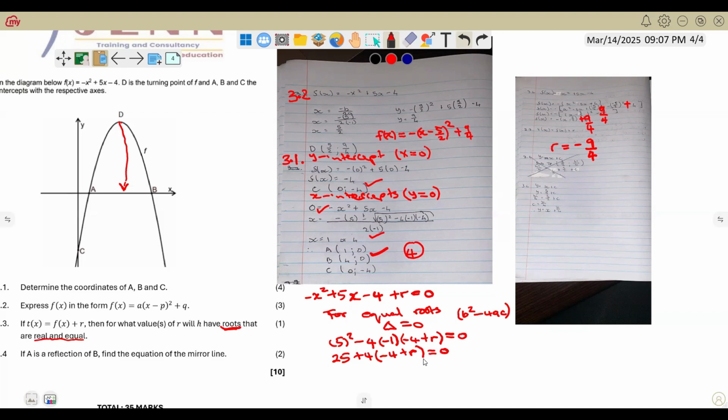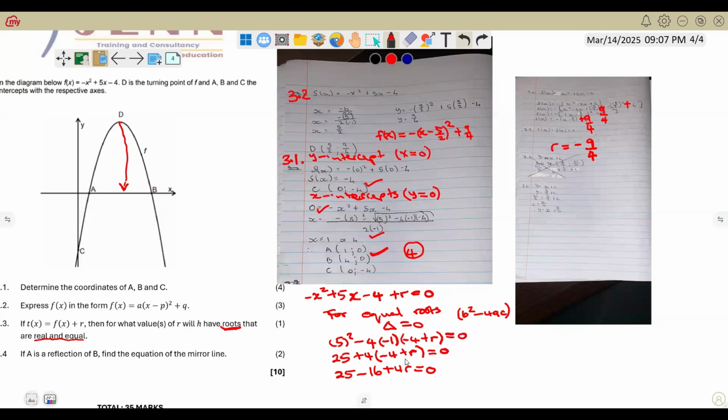Are you seeing that? So we'll expand: 25 and 4 is 29, then negative 4 times negative 4 is negative 16, wait, rather 25 minus 16 leaves 9, and then plus 4r equal to 0.